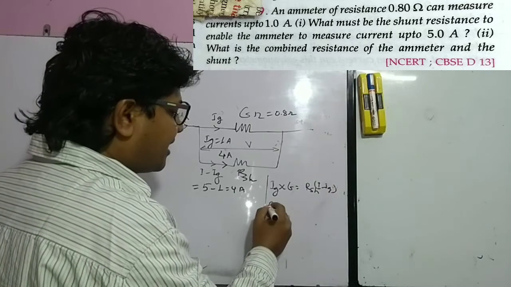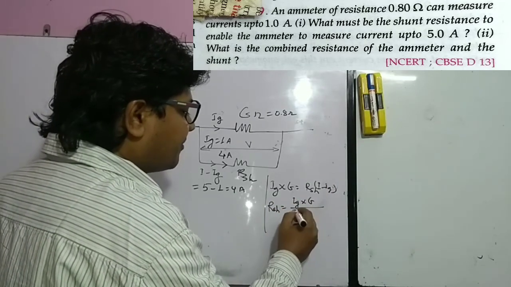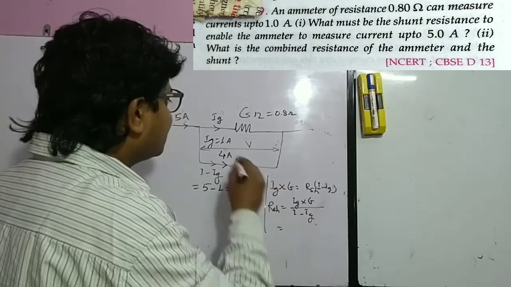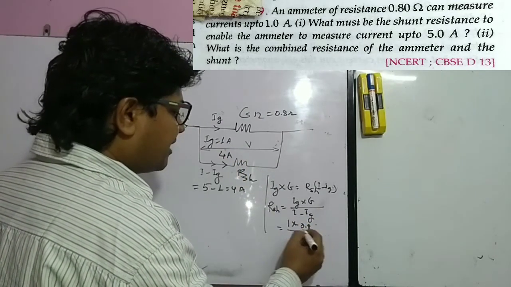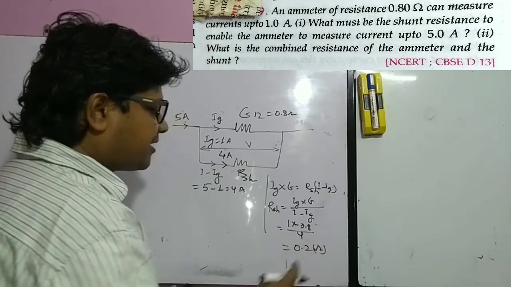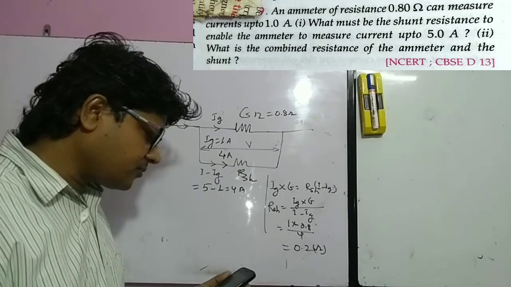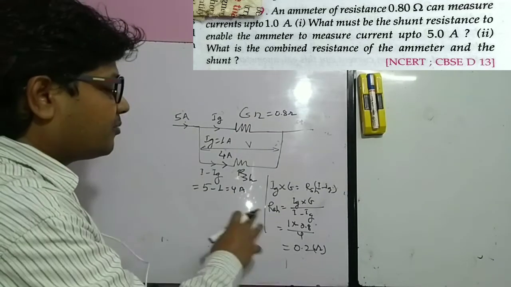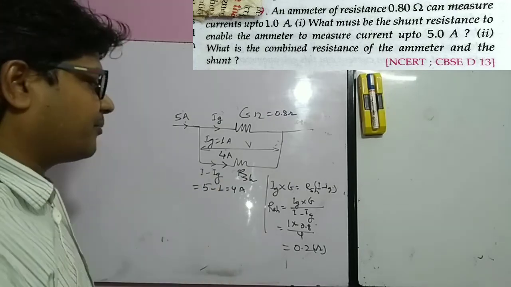So RSH is equal to Ig into G divided by I minus Ig. Ig is 1 and G is 0.8 and this is 4, so this is 0.2. It means we have to connect a resistance of 0.2 ohm in parallel, right? So if we connect a 0.2 ohm resistance in parallel, it can read up to 5 ampere.